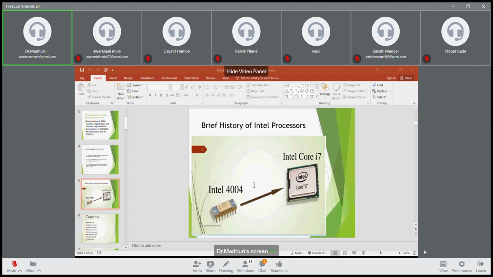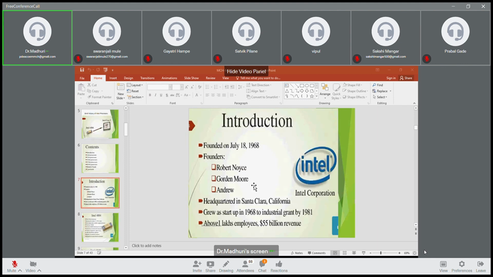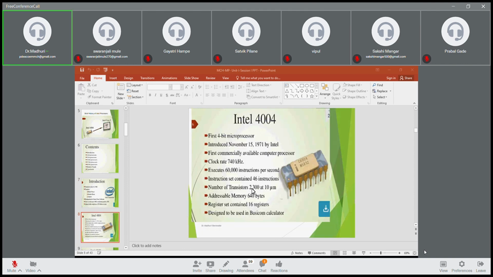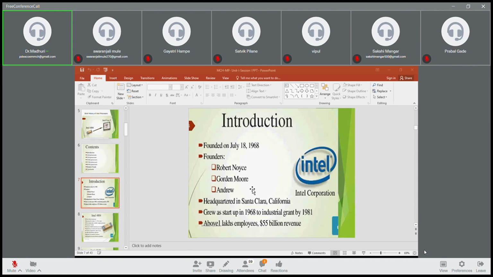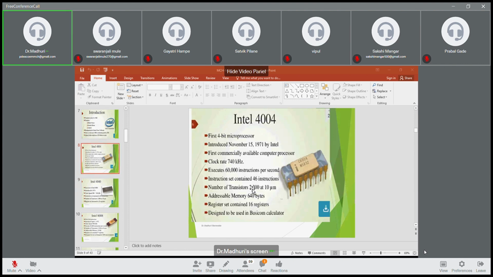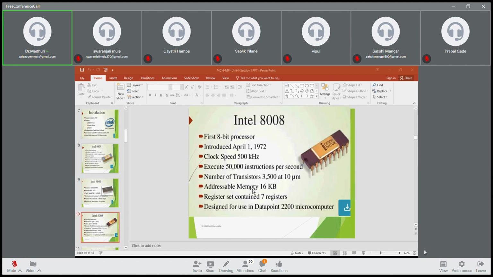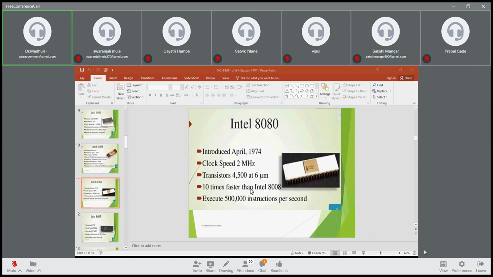Okay, we have already seen this brief history of Intel processors: 4-bit, 8-bit, 16-bit, 32-bit, 64-bit. Then who developed this in 1968? Robert. Then we saw the 4004, which is a 4-bit processor, and the 4040, which is again 4-bit. Then 8088, which is an 8-bit processor.